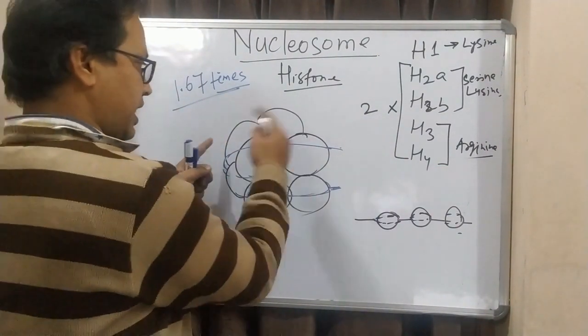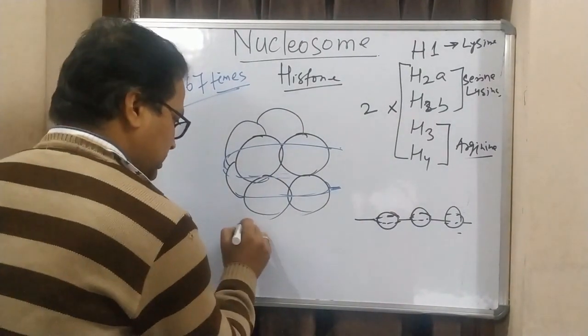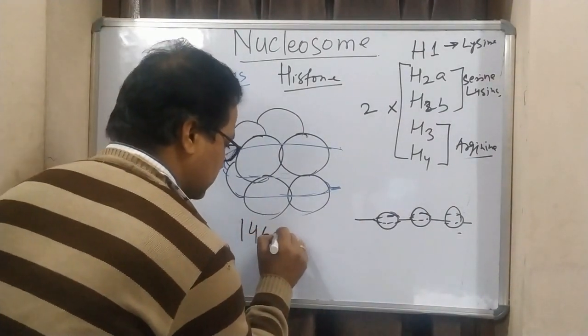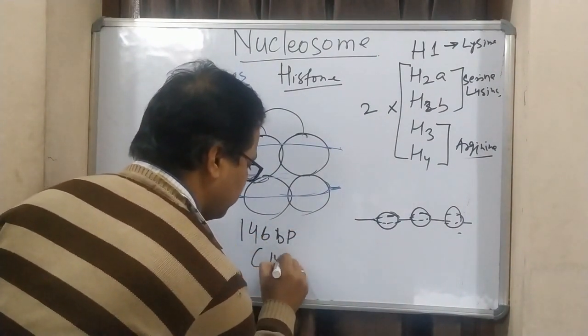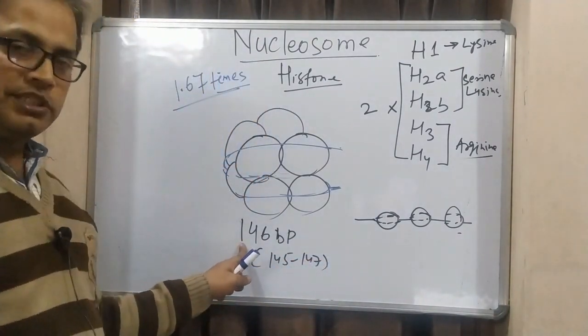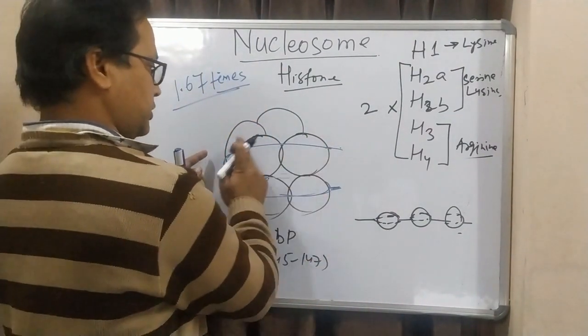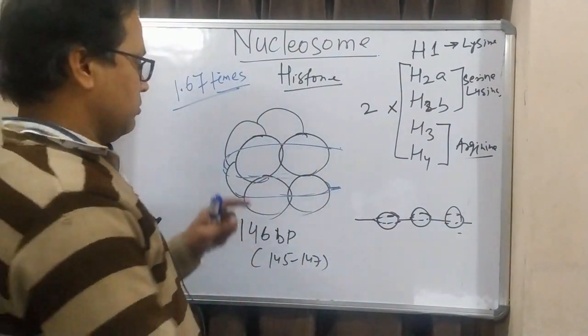The DNA wrapped on the histone octamer is 146 base pair in length. It is roughly 145 to 147 base pair, but on average it is 146 base pair wrapped on the histone octamer.